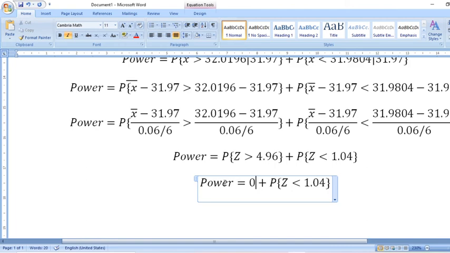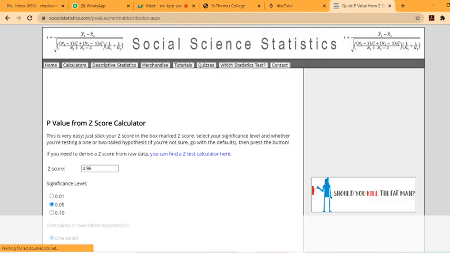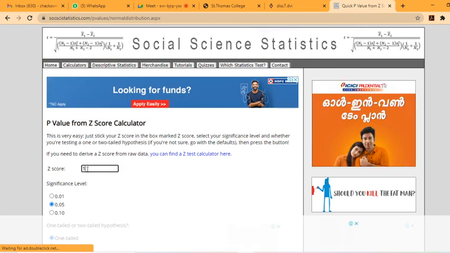After 2.58 it will be very close to 0. And the other case is 1.04.